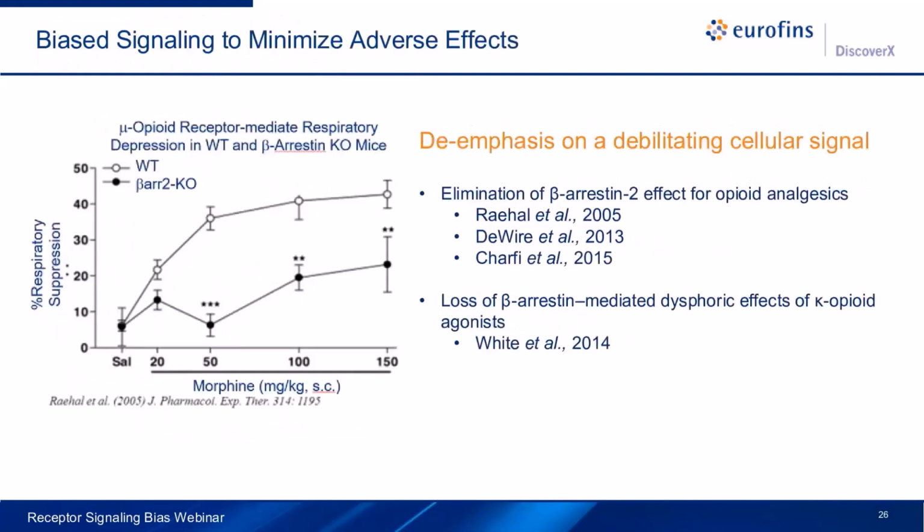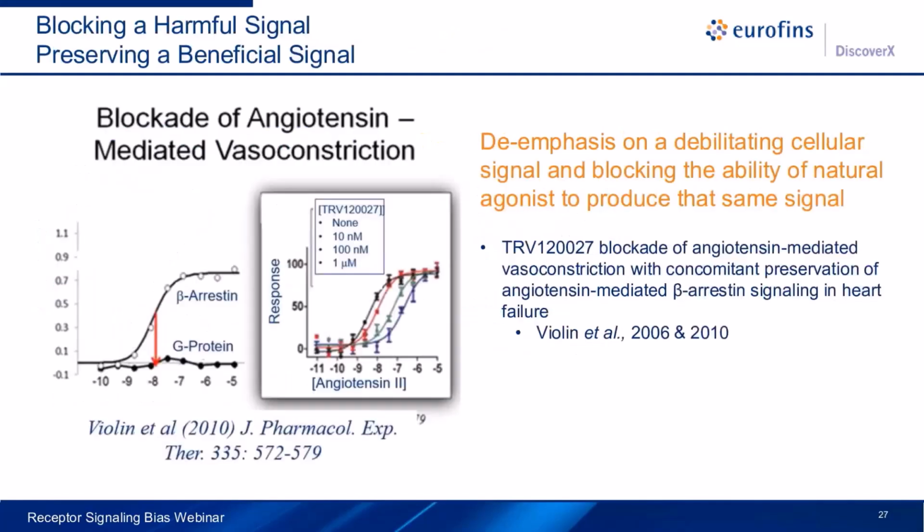Or we might want to de-emphasize a harmful signal. For example, morphine will depress respiration, but it'll do it less in a beta-arrestin knockout mouse. So this would suggest you'll have a better, safer analgesic if it's biased towards G protein and away from beta-arrestin.